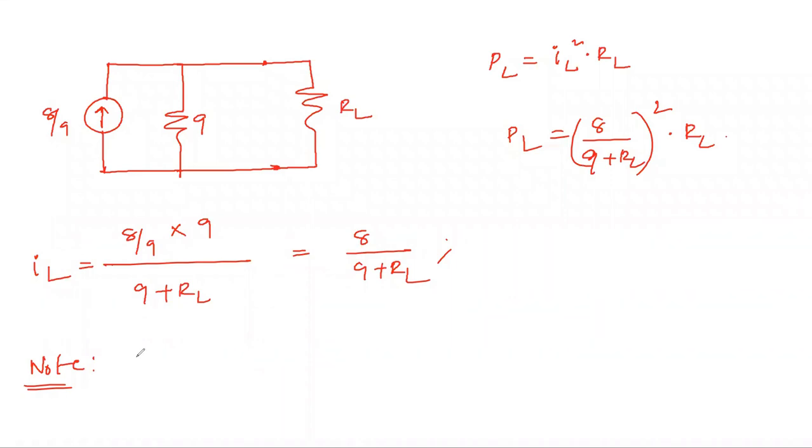Now I'll give you one more circuit, last, just as homework. I'm thinking whether to discuss the other methods or not, because in Thevenin's theorem, this is totally independent sources.